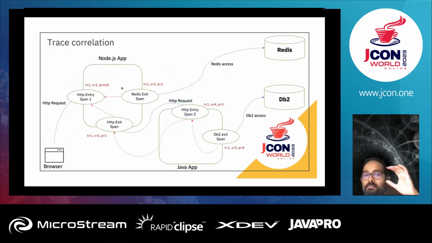Now let's get back to this slide again. If you see here, we have a problem: the Node.js app is residing on a different system, and the Java application is residing on a different system. They are not communicating with each other, because the trace has already had an exit span there, and this data never reaches the Java app because the tracing is confined to that service itself.